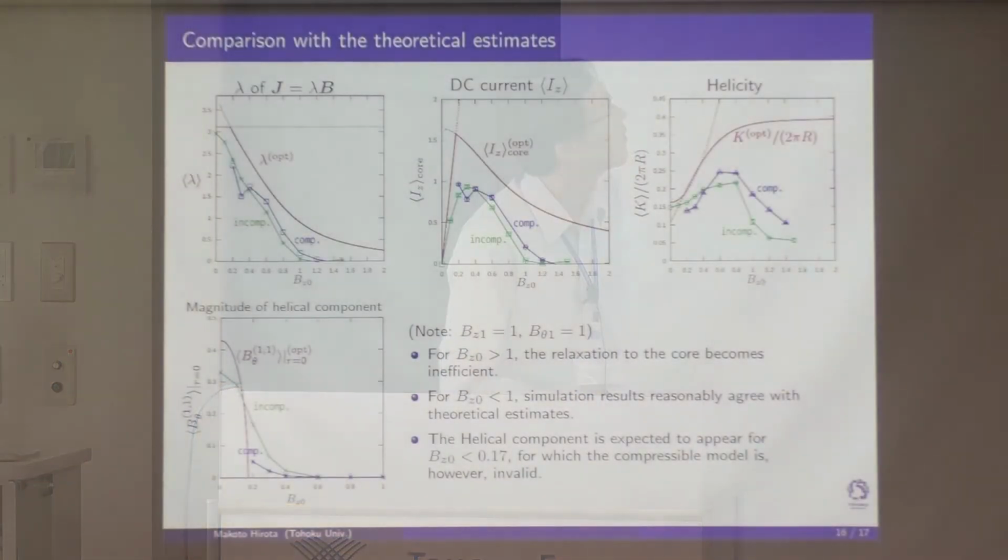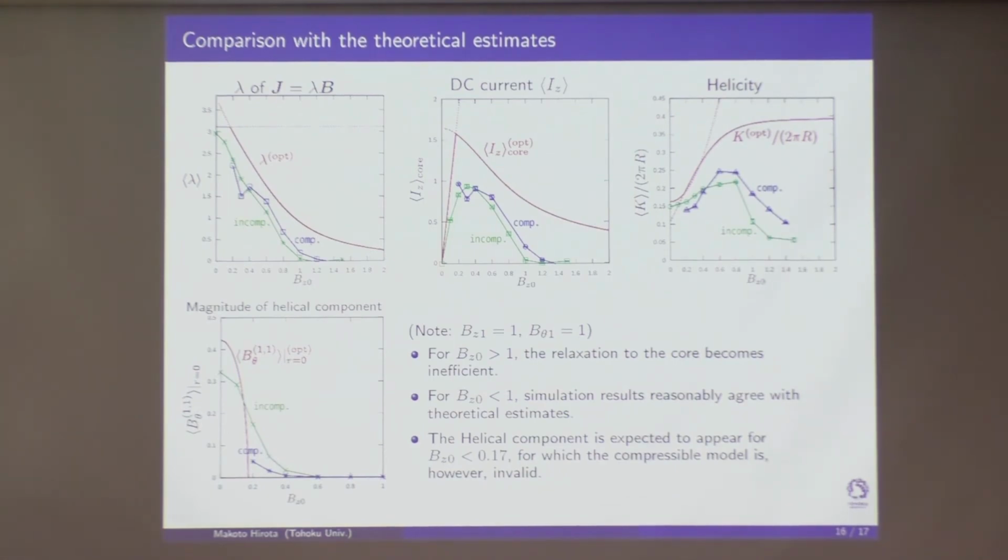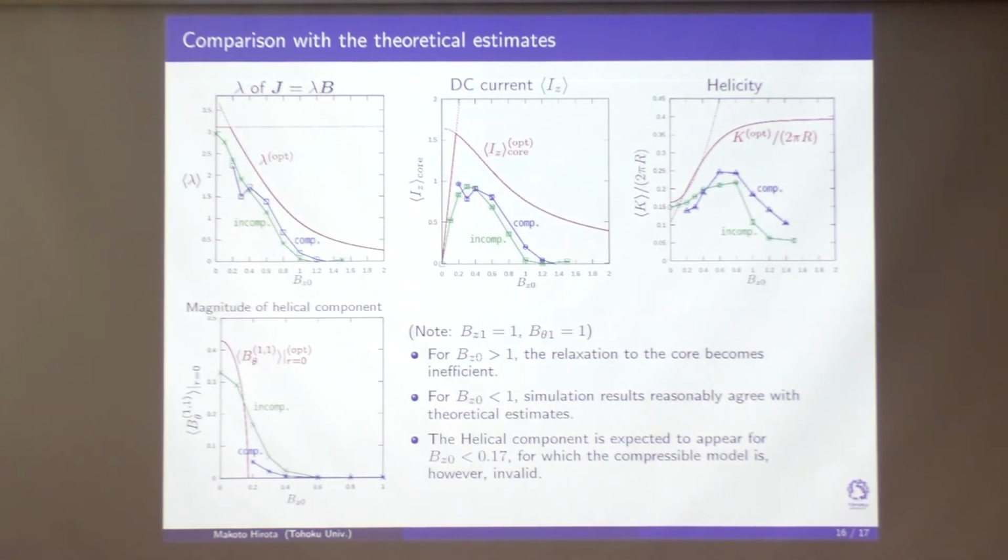And this is a comparison between the theoretical estimate and the numerical result for the Taylor state. The red curves are given by the theoretical helicity balance. And you can see there is good agreement between the theory and the numerical simulation. But however, first, if the guide field Bz is greater than 1, we find that the relaxation to the core becomes inefficient.